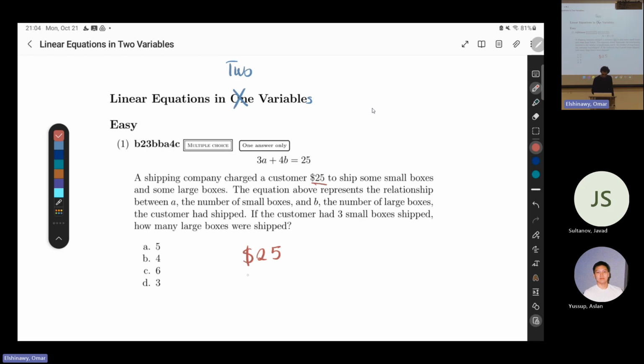He shipped 3 small boxes and some amount of big boxes. So say large. 3 small plus 4 large boxes gives you $25.